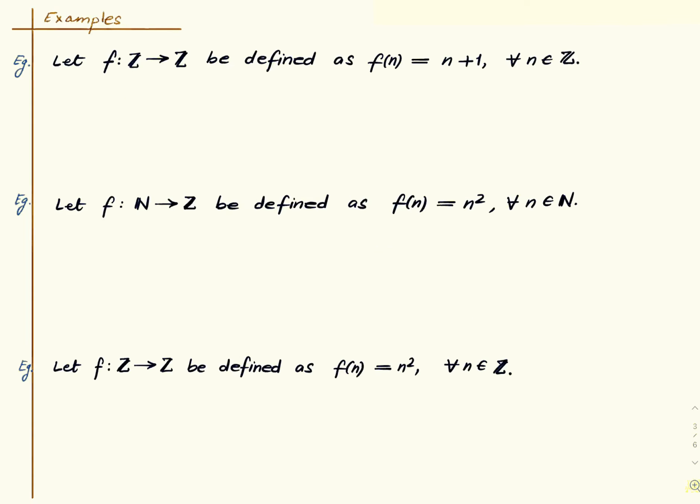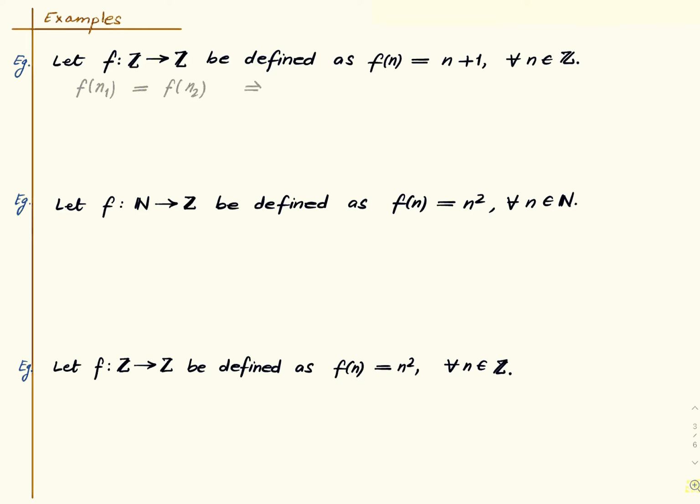So here we have a function from Z to Z, which takes an integer n and outputs n plus 1. So is it injective? Let's see. So to check injectivity, let's say f of n1 equals f of n2.